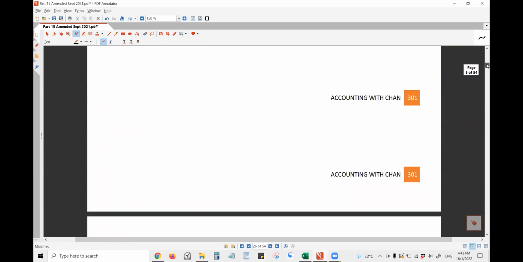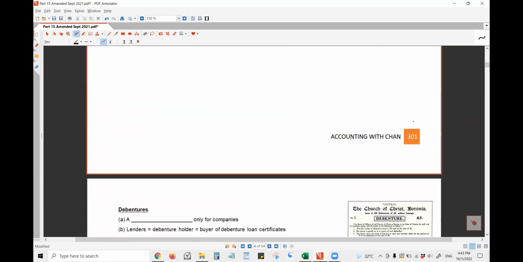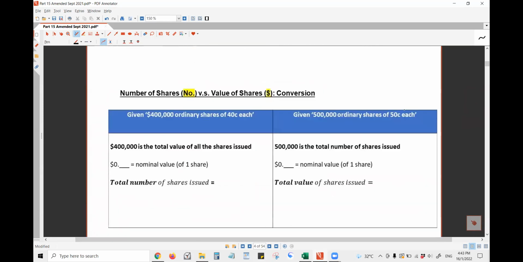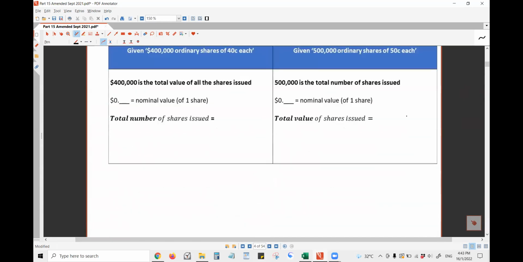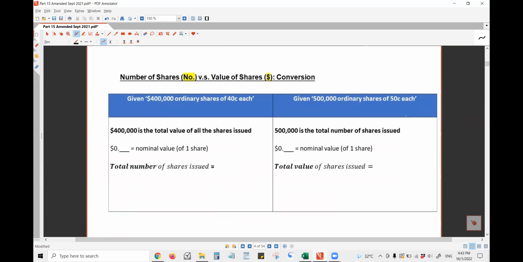Now look at page number 301. Come back to this page 301. We look at the second half of the page. Here it is between number of shares and value of shares. Value means worth, so that means you must have the dollar sign.